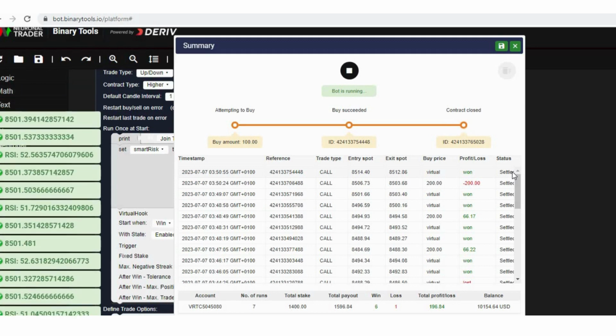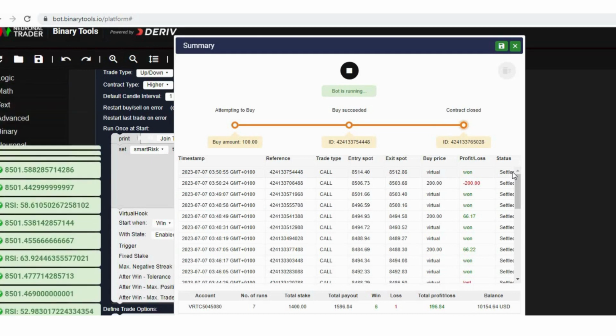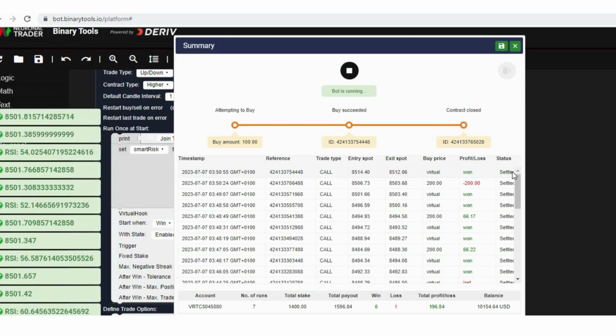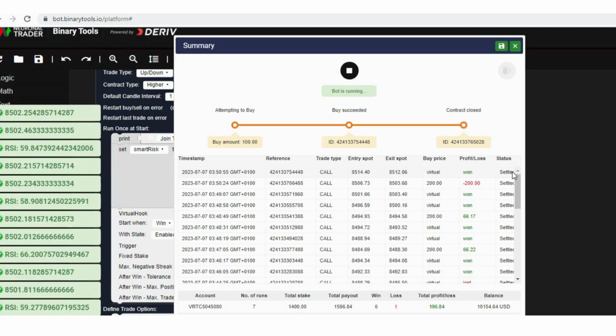So if you risk $10 on a stake, you'll be getting $3. For that $100 account, you can just target four losses in a row. Okay, so let's watch and see.